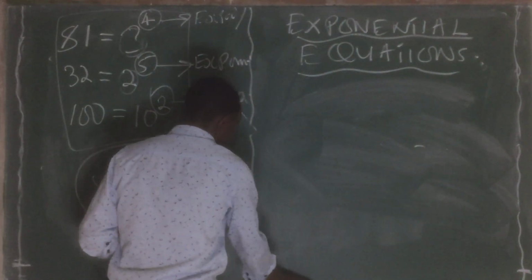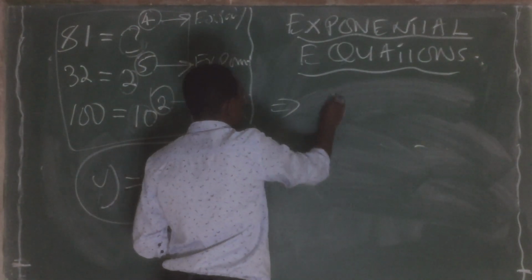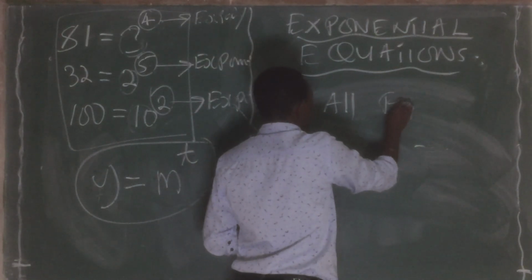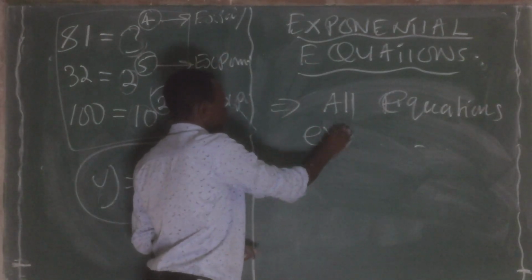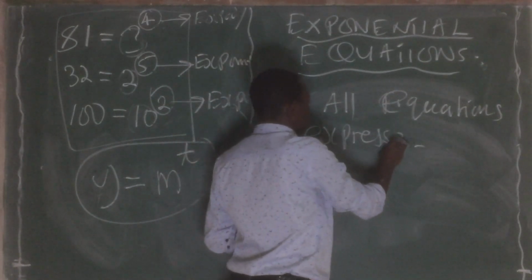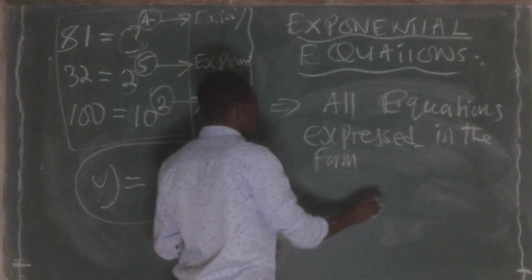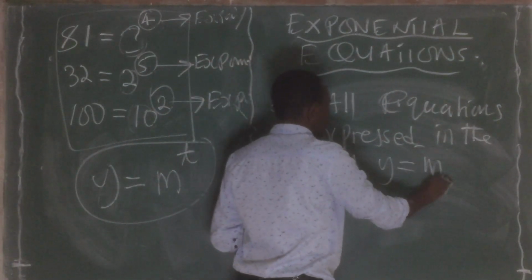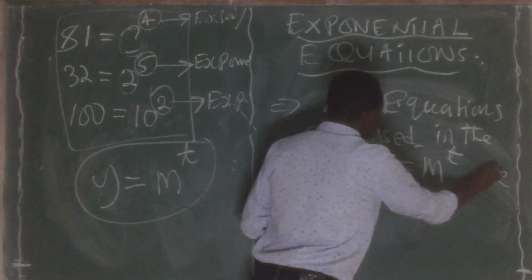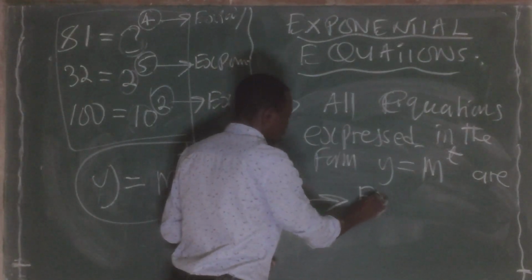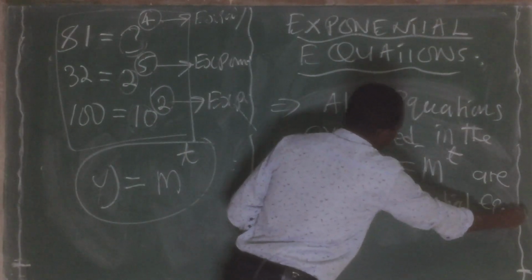So in short, I will just take down here without writing a lot of things on the board: all equations expressed in the form y is equal to m to the power t are known as exponential equations.